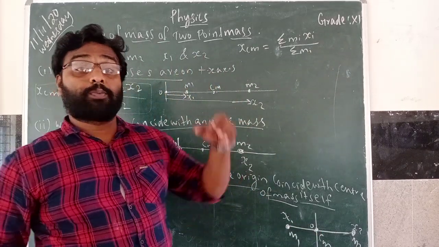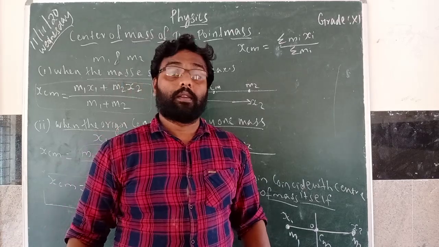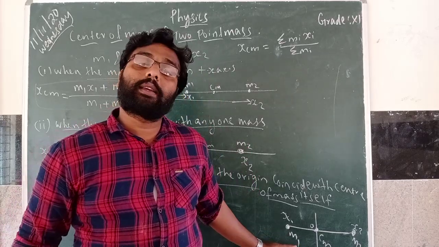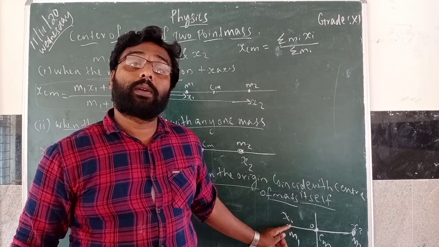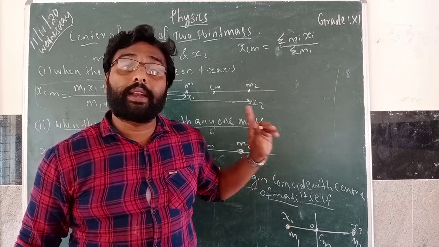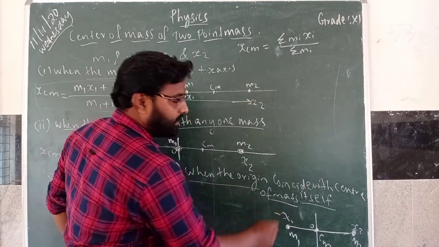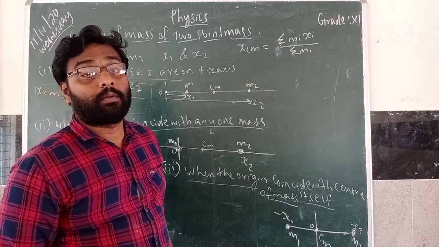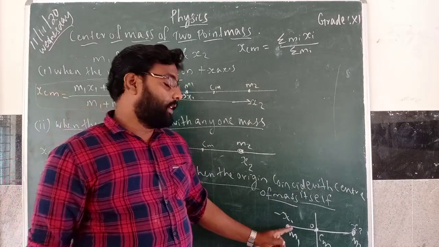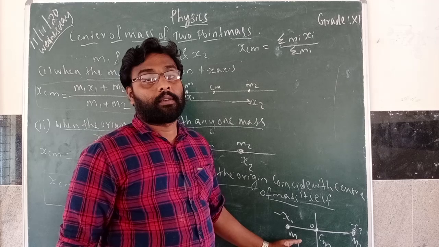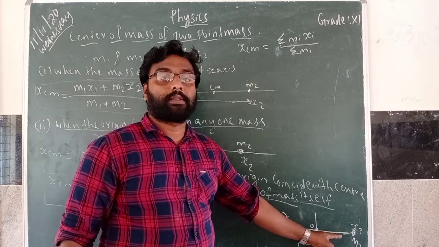Center of mass is passing through origin. M1 is at the position x1. x1 is where? At negative side. So minus x1 you can take. Minus x1. Because it is in what? Negative x-axis. This is positive x-axis.